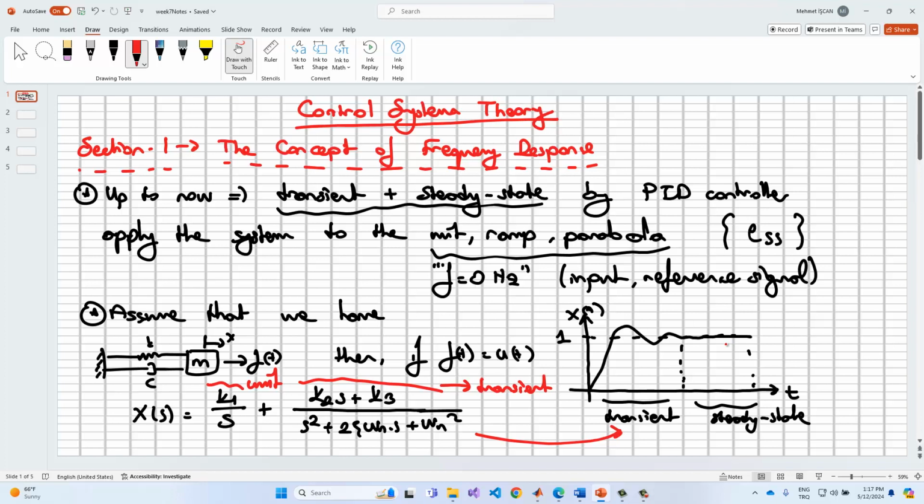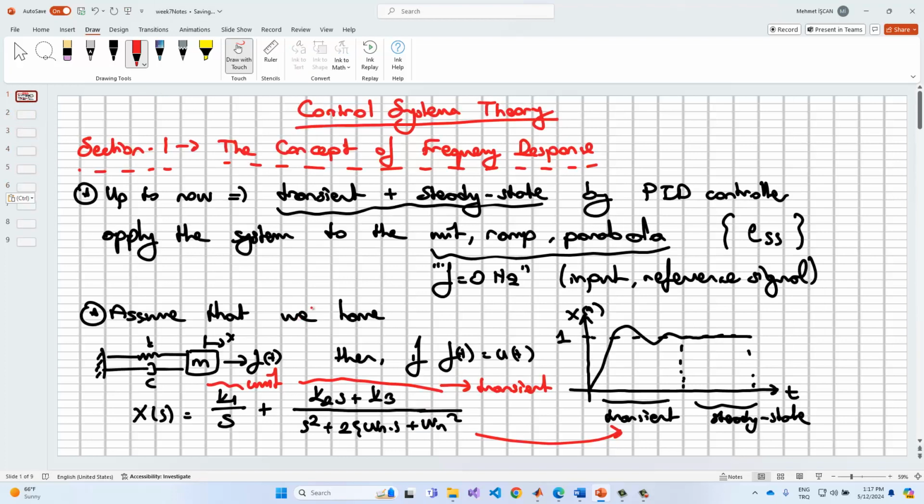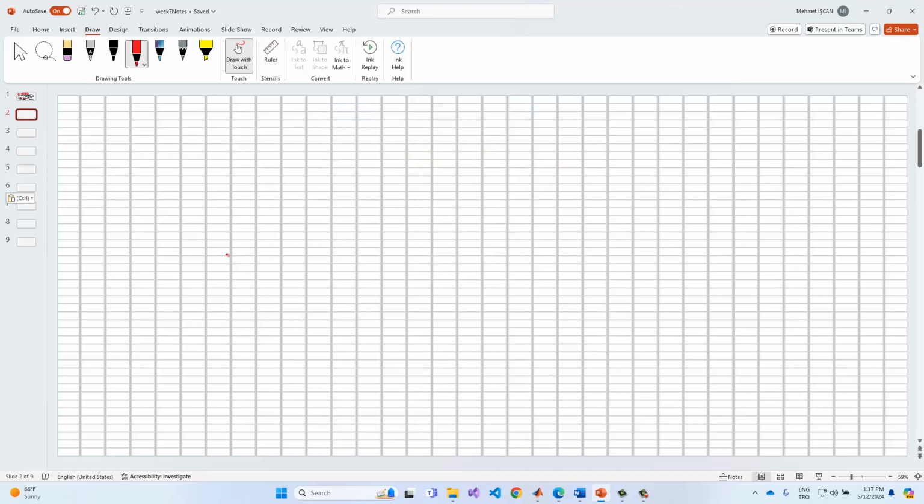Okay? This is the basis of the system. But just remember that the unit step, ramp, or parabola does not contain a frequency pattern in this case. Okay? And so we will iterate the problem here.